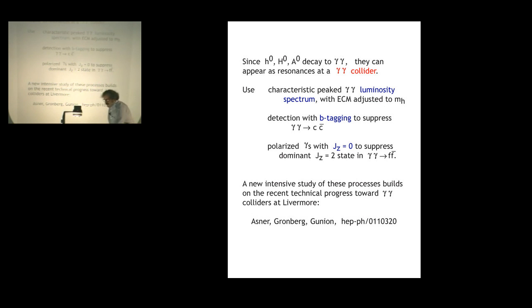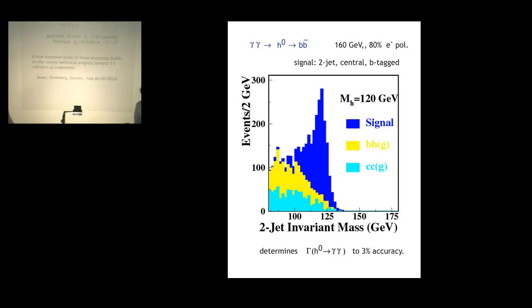Actually, in the past year, there's been a very intensive study of this, motivated by the technical development of gamma-gamma colliders at Livermore, and I refer you to this new and interesting paper. Here are a couple of slides from that paper.